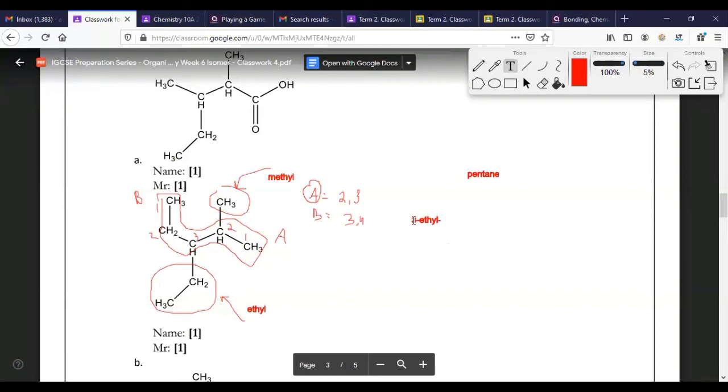What is the second branch? It is methyl, and this methyl is attached to carbon number 2. That's why the name is 2, and then methyl. The number is 2, and then the name is methyl. How many carbon do we have as a main chain? Pentane. Okay, that's the name. Any question? 3-ethyl-2-methylpentane.